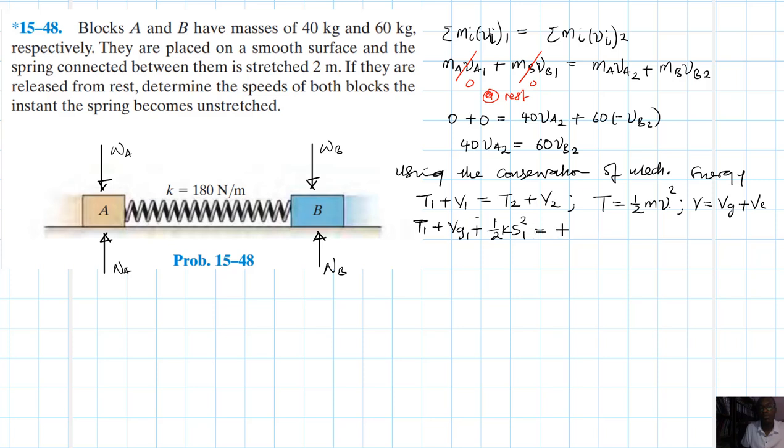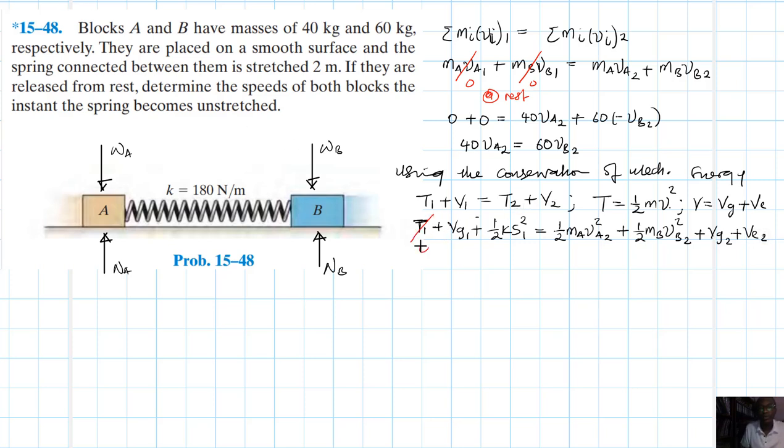This is equal to, then later on we expect some movement, half mA vA squared in state 2 plus half mB vB squared in state 2. What else are we going to have? And then we have VG2 plus VE2.